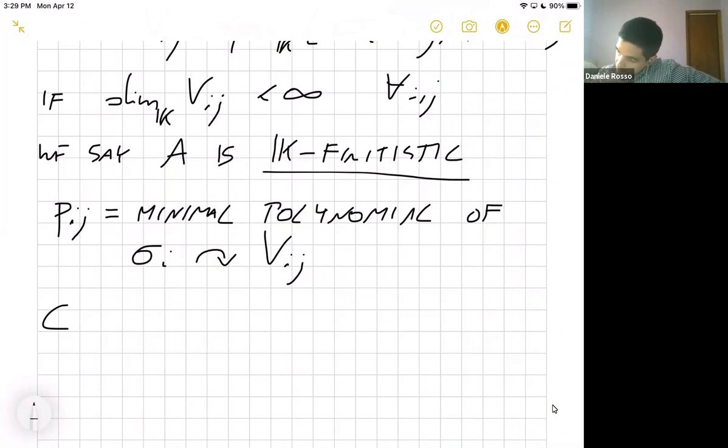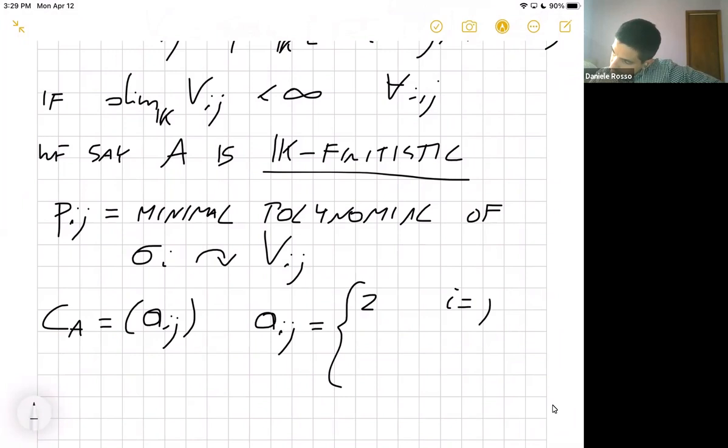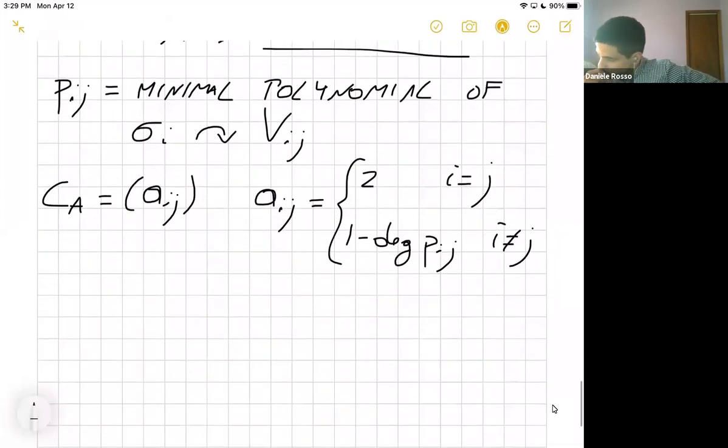And then we define a matrix based on the degrees of these polynomials. So the matrix CA has entries aij, where aij is 2 on the diagonal, and it's 1 minus the degree of this minimal polynomial if i is not equal to j.